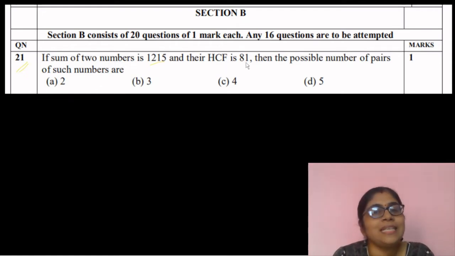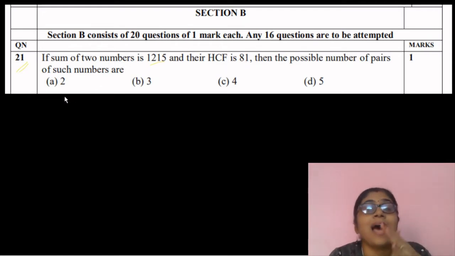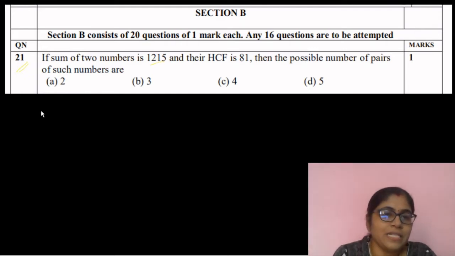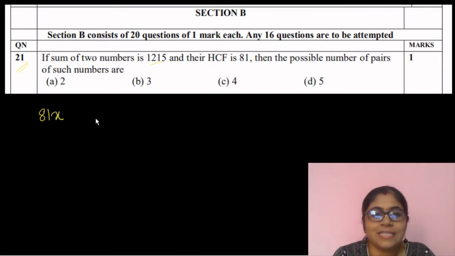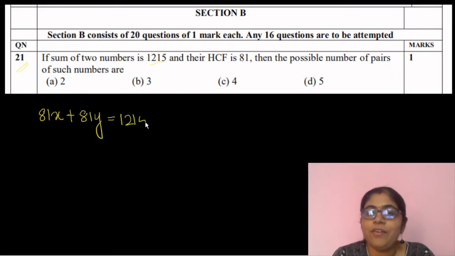So HCF is 81, that means highest common factor is 81. So the numbers may be multiples of 81, that is 81x and 81y. And the sum is 1215. So 81x plus 81y is equal to 1215.